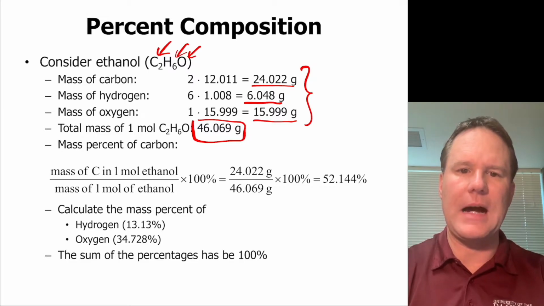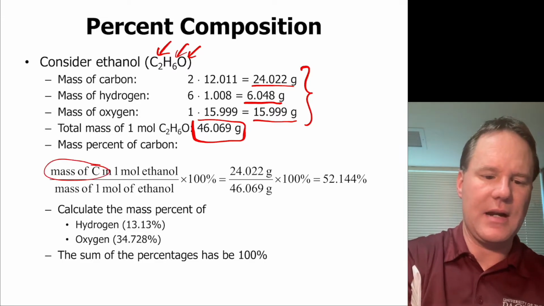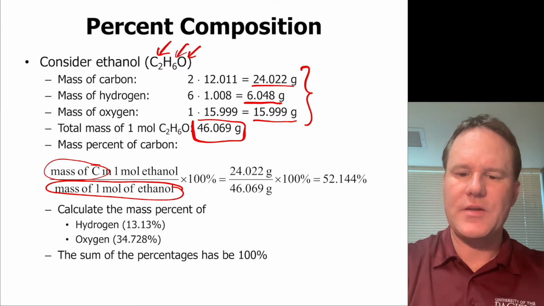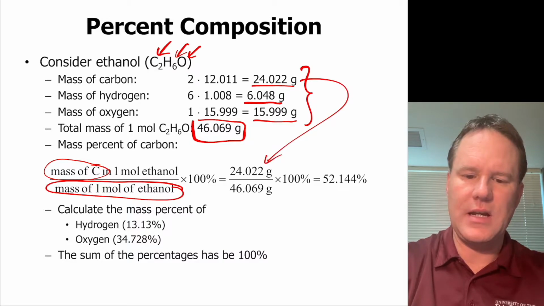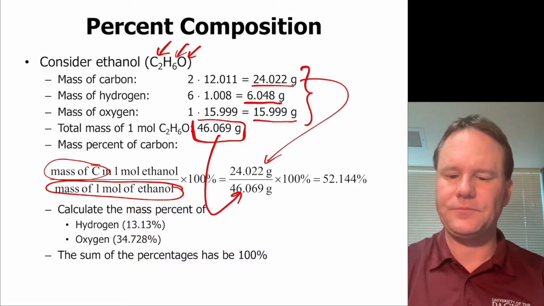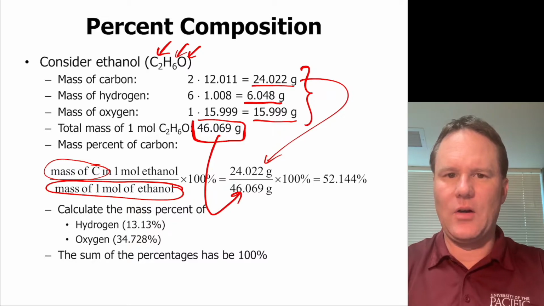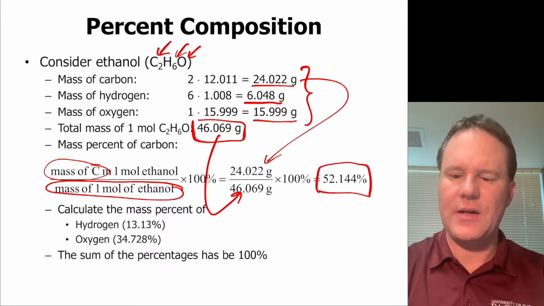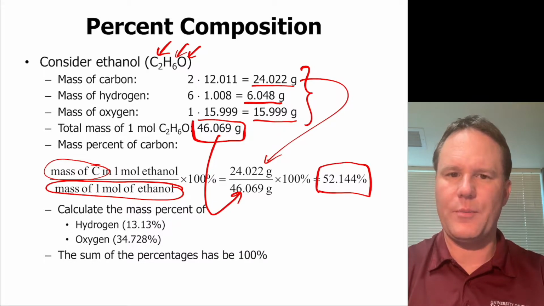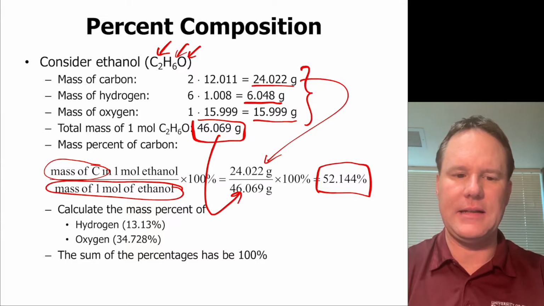Now, how could you calculate the mass percent of carbon? Well, you take the mass of carbon and then divide it by the mass of the whole 1 mole of ethanol. So this 24 goes here, the 46 goes there. And then convert it to percentages, and you get 52.144% carbon in the compound.